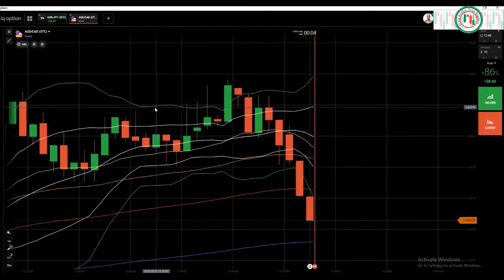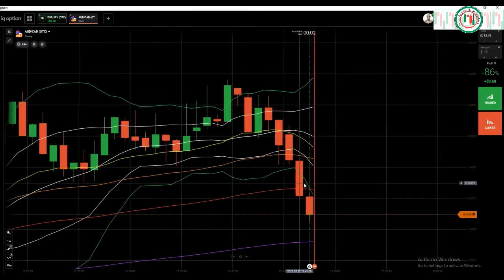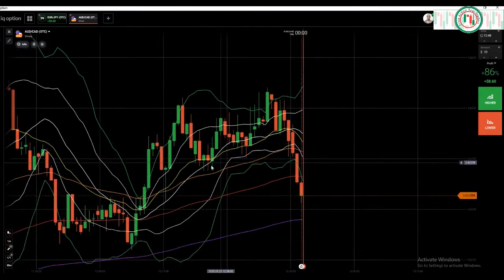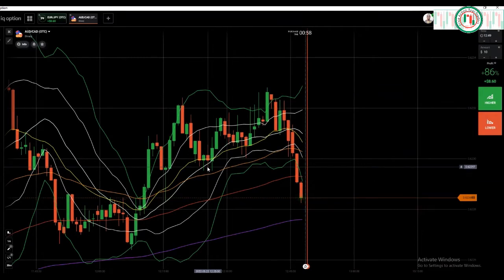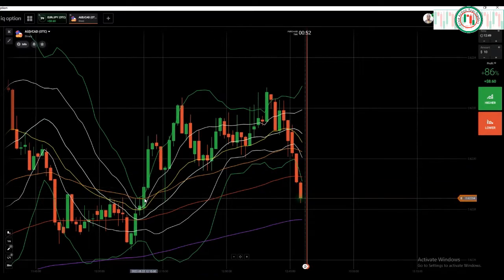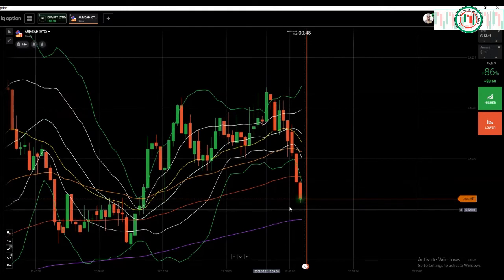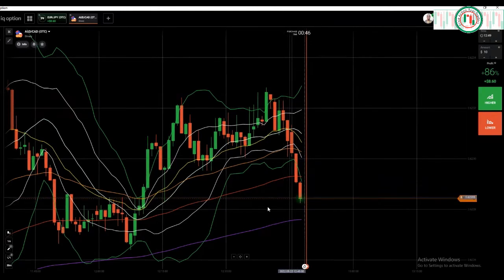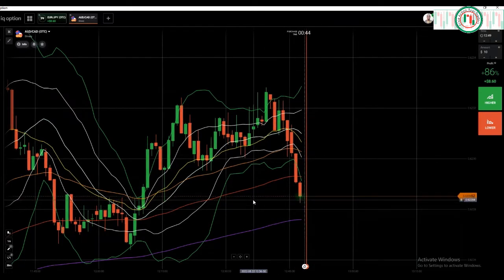So let's just check here, momentum. Yes, this is momentum, but after this one the market will reverse. After this candle, the market must reverse, even though there is momentum.